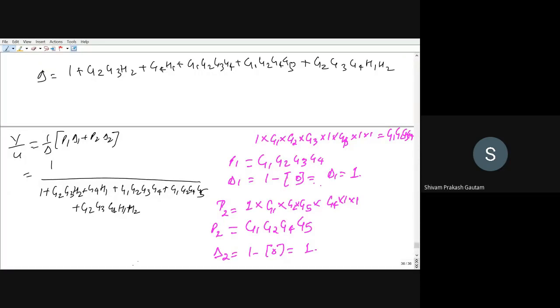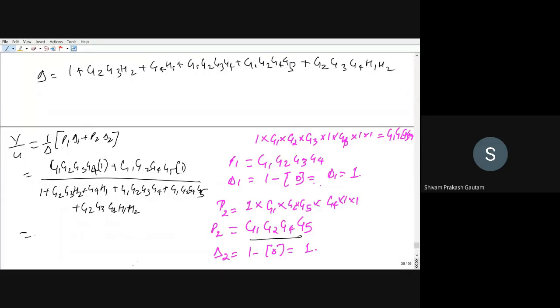So P1 is equal to G1 G2 G3 G4 into del 1. Del 1 is 1. P2 is G1 G2 G4 G5 into 1. So you can simplify.